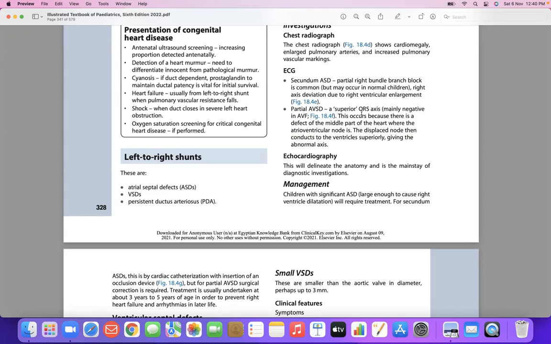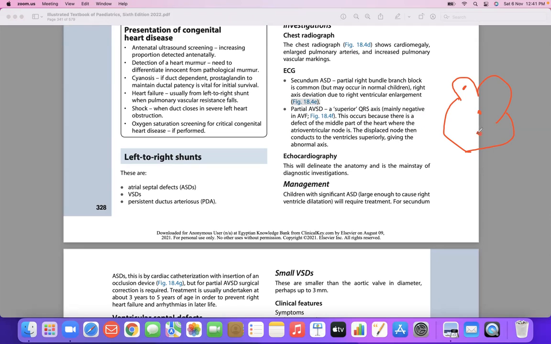Why you see superior axis in partial AVSD. Normally we have the SA node here and the AV node here, right? So due to the AVSD, what happens?